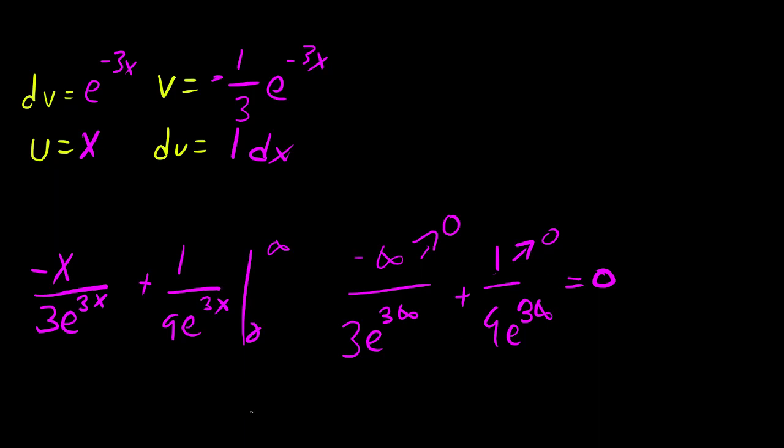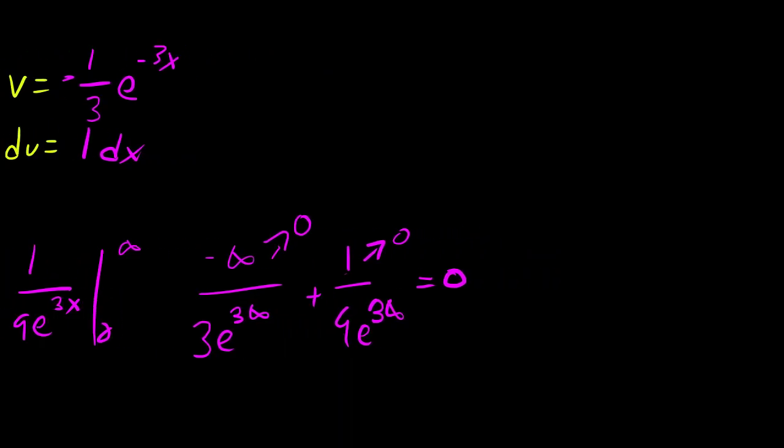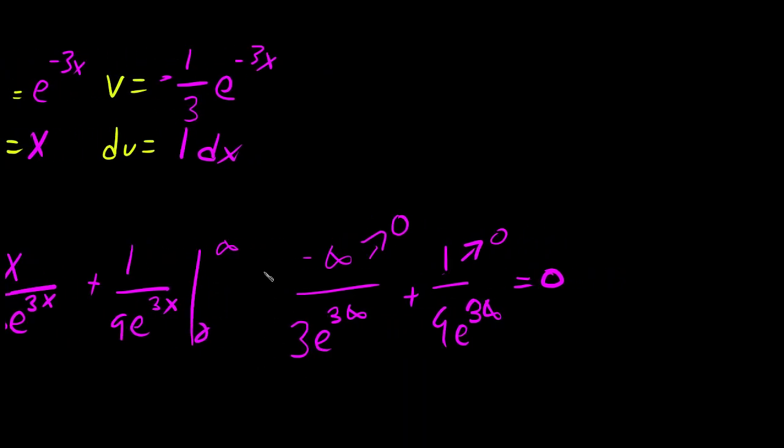And then if I plug in 0, you should also be able to see that negative 0 over your 3e to the 0 is still just 0.